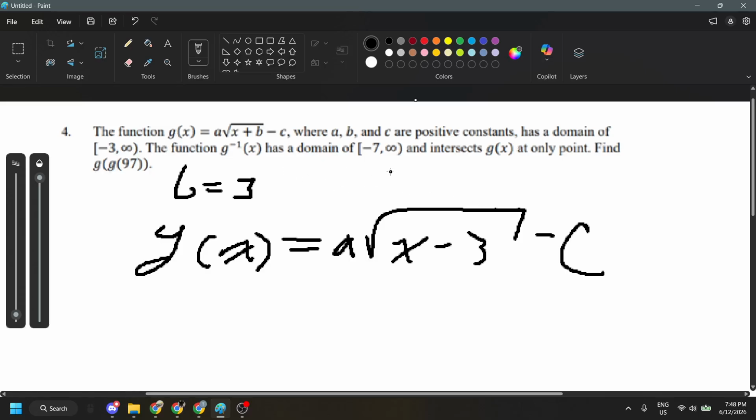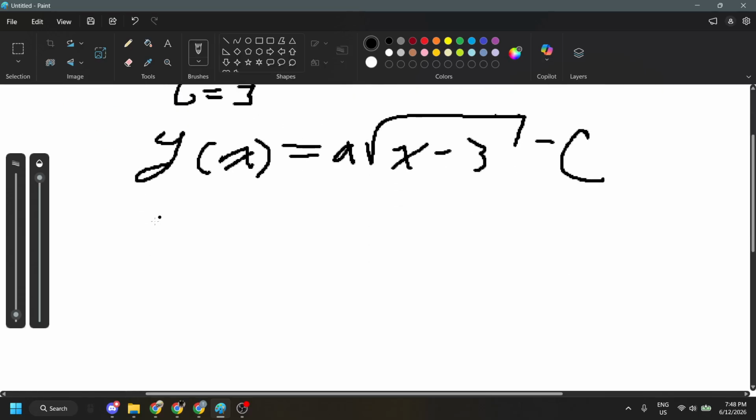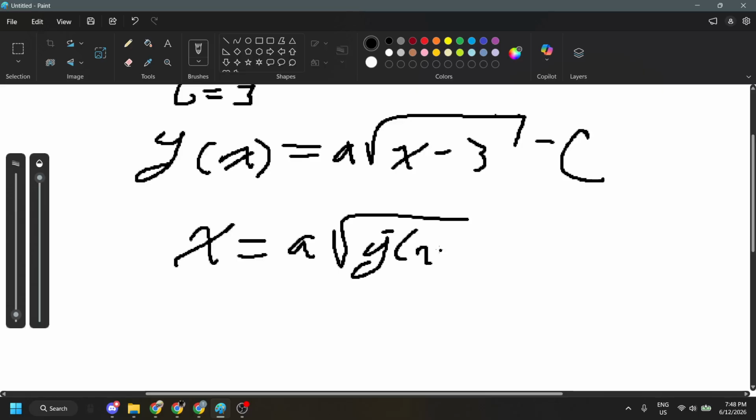The inverse has a domain of −7 to infinity. Okay, so the inverse of g, we're going to write it this way. We're going to say x is equal to a√(g⁻¹(x) + 3) − c.